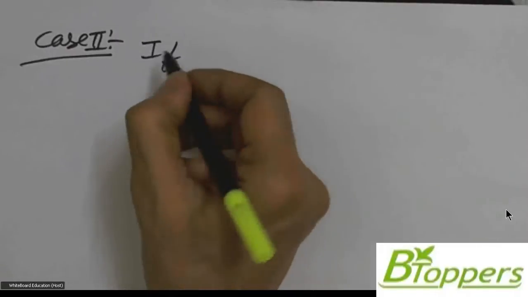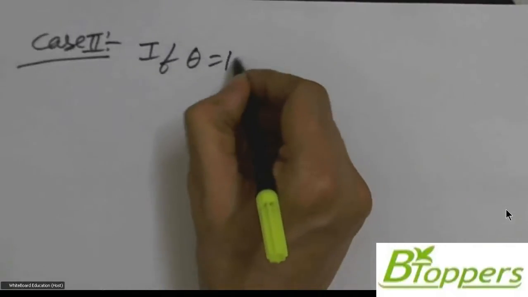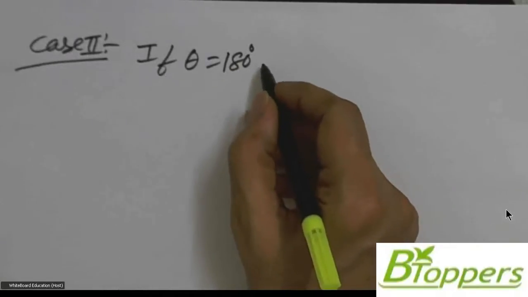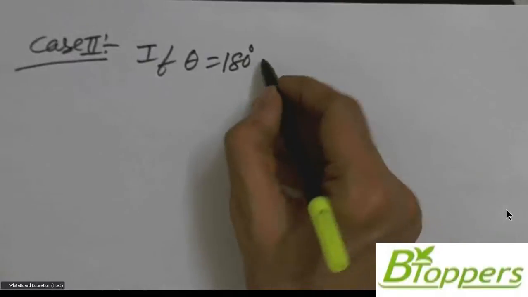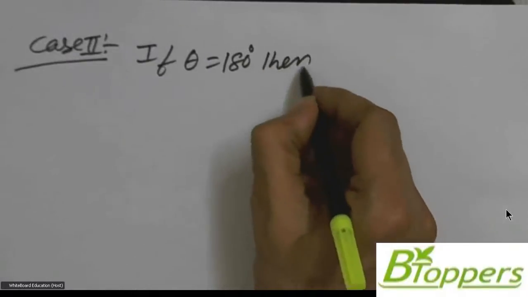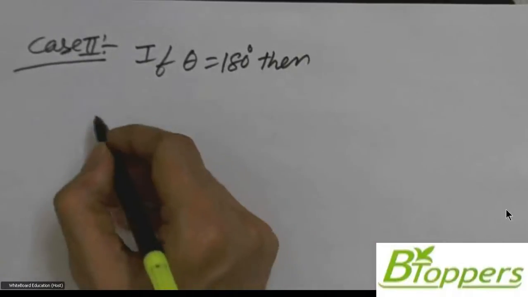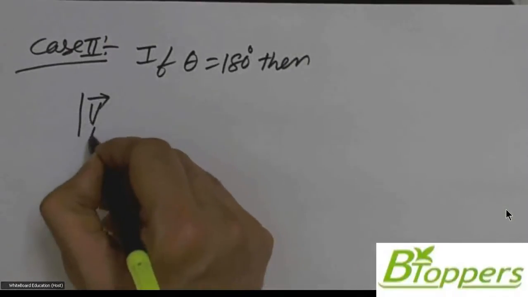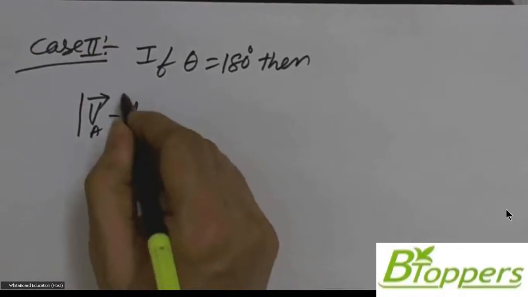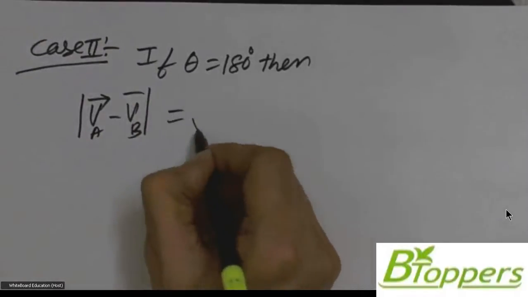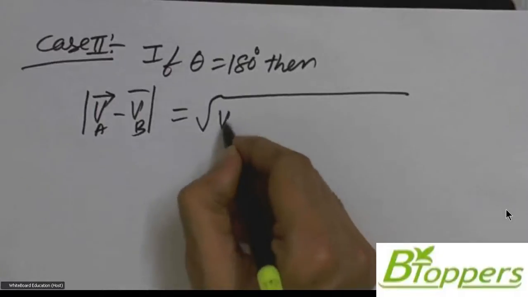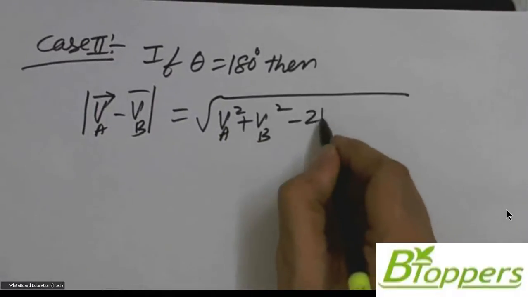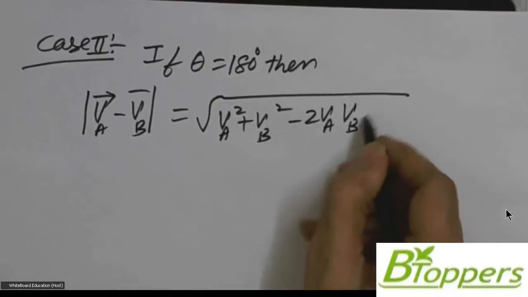Suppose the two bodies A and B are moving in opposite directions, then the angle theta between the two velocity vectors VA bar and VB bar will be 180 degrees. In that case, mod of VA bar minus VB bar equal to root of VA square plus VB square minus 2VA VB cos theta.